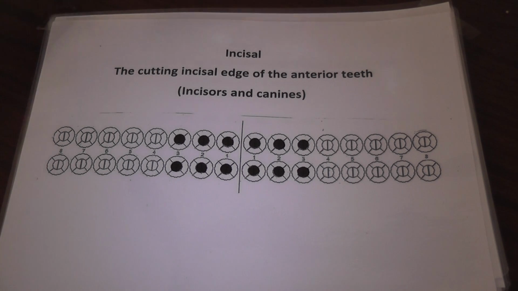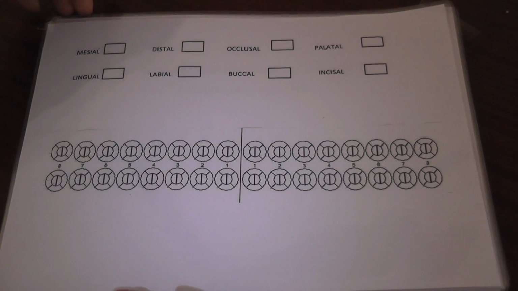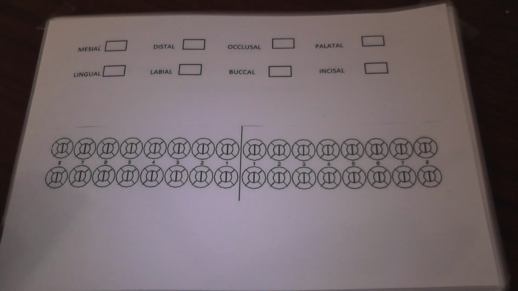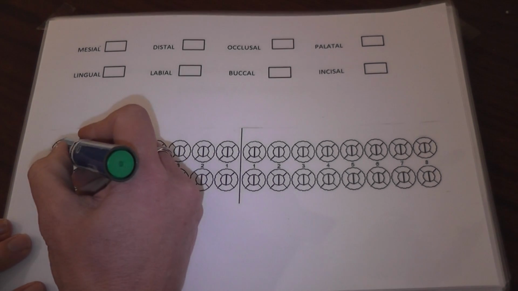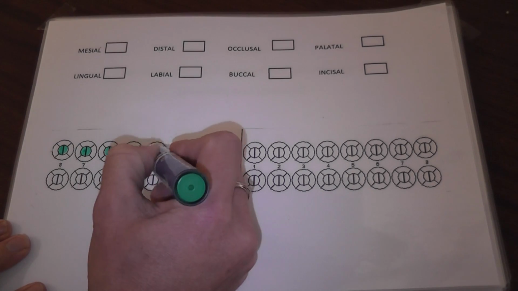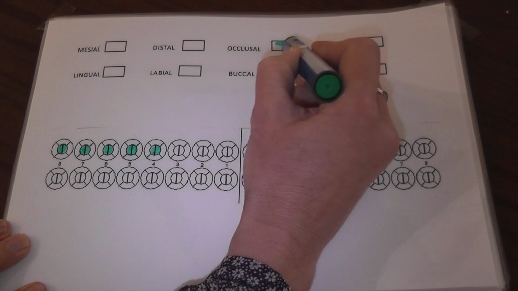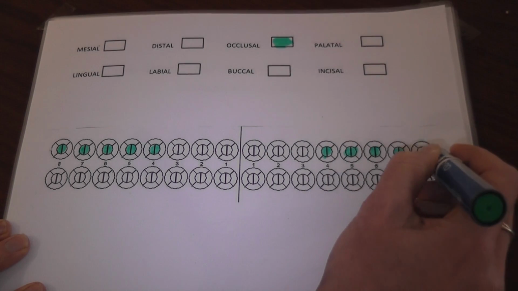What I suggest is that you get a blank chart and create a colour-coded surface guide to use whilst you are learning. Here is an example of how to do that. I will use occlusal as an example. With a coloured pen, colour in all the occlusal surfaces in that colour and then match the colour to a marking key, just like this.